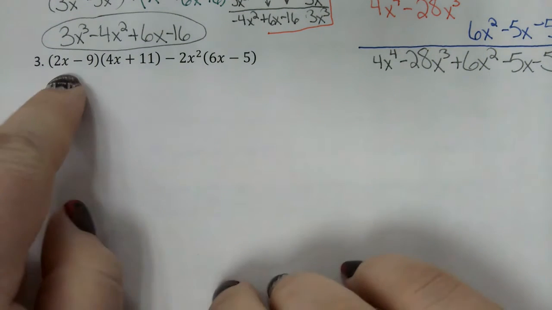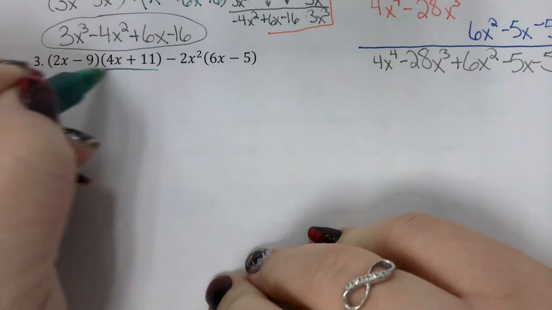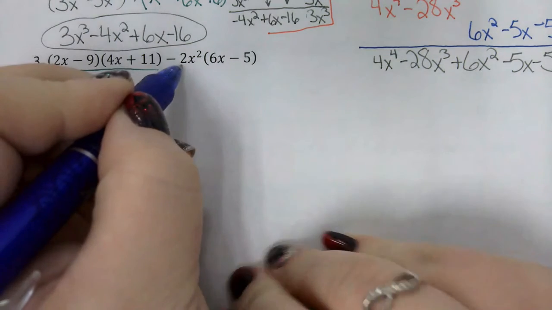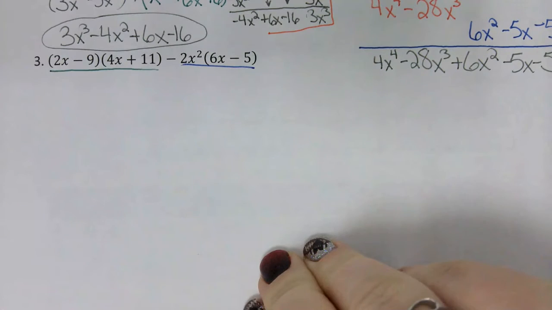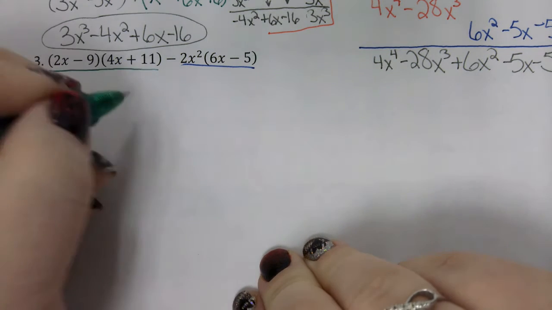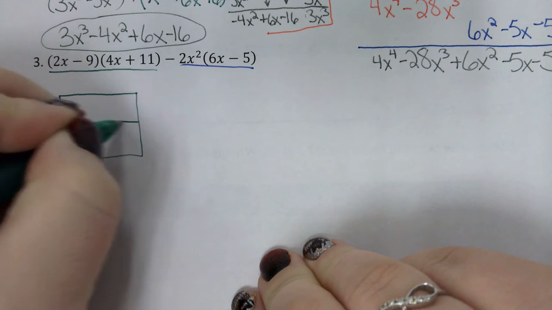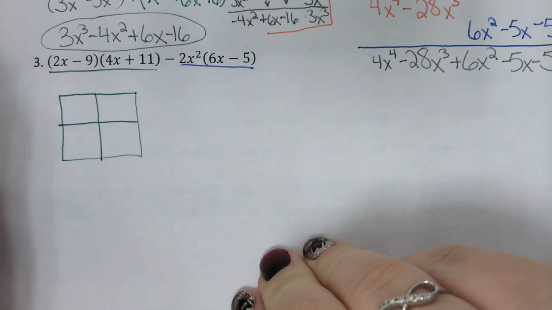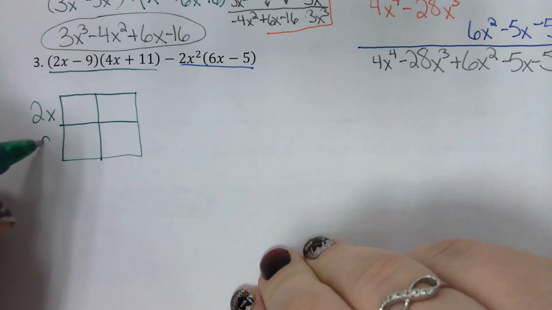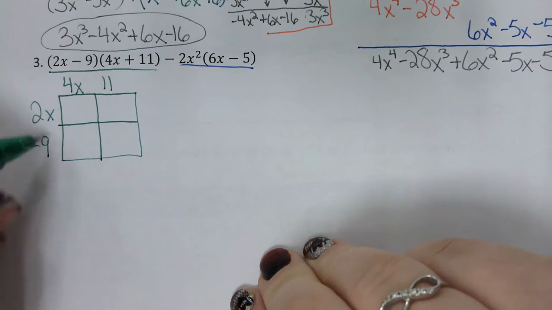So we have a binomial times another binomial. We'll have to figure out that multiplication first. And then we'll have a monomial times a binomial. So we'll do a 2 by 2 box because we have 2 terms by 2 terms. 2x minus 9 and 4x plus 11.